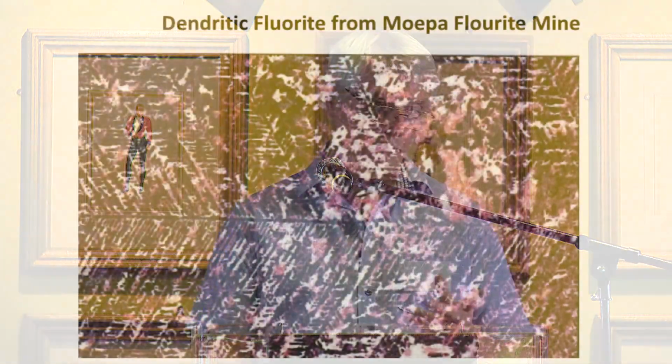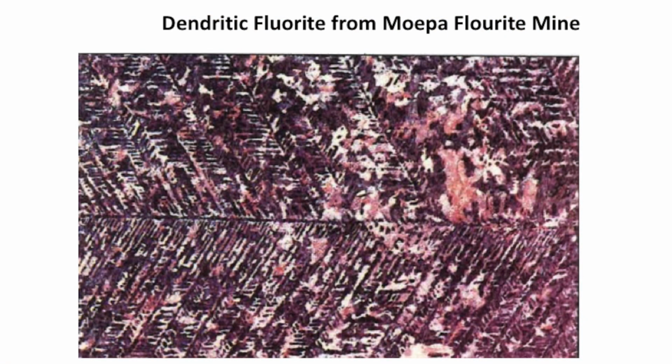A lot of these samples were collected many years ago, before everything became so formed. So this is from the fluorite mine. This is what they call a dendritic mineral or formation. It looks like a fern, or a fir tree.